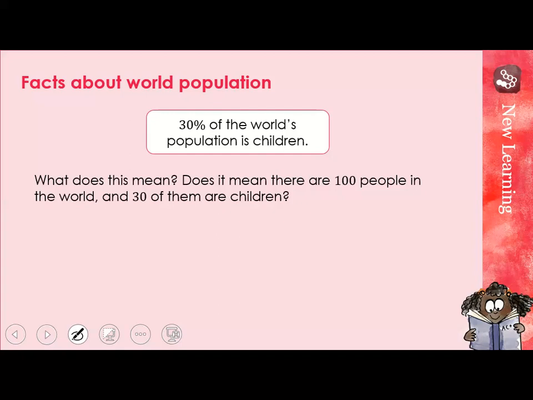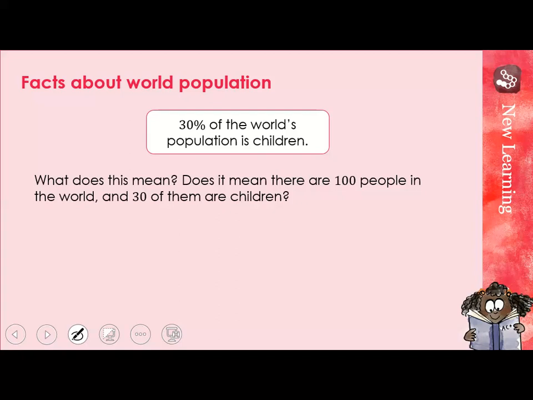So if you split them into groups of 100 and those 100 equally represented the whole set, 30 of them would be children. Now, don't worry if that's a little bit confusing for now, because all I need you to understand is that when we're talking about percentages, it's just another way of us talking about how much of the whole.